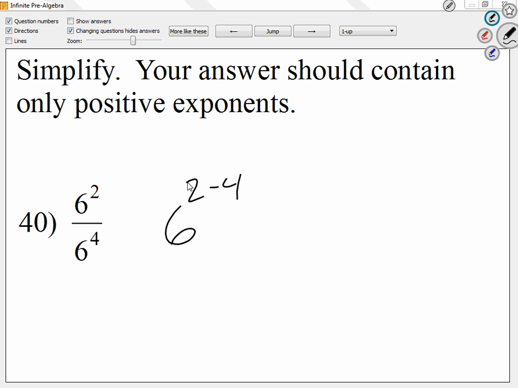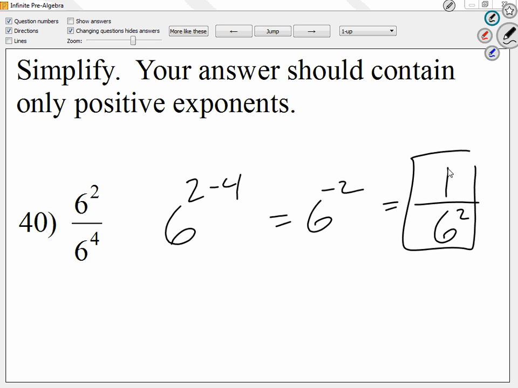If you guys need to write yourself some notes, top minus bottom, whatever you need to write, remember that paper is for you. So I know 2 minus 4 is negative 2. I see a negative exponent, so that tells me I have a fraction. My 6 to the second goes at the bottom, and the top I write it as a 1. So again, the negative exponent is just so you know it's a fraction. That's it.